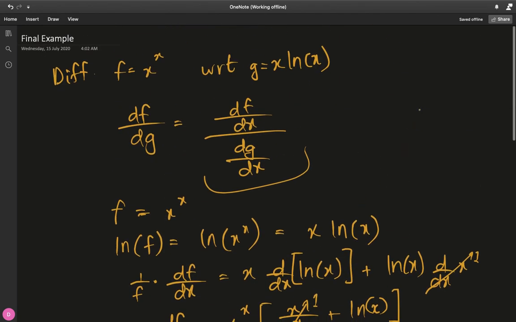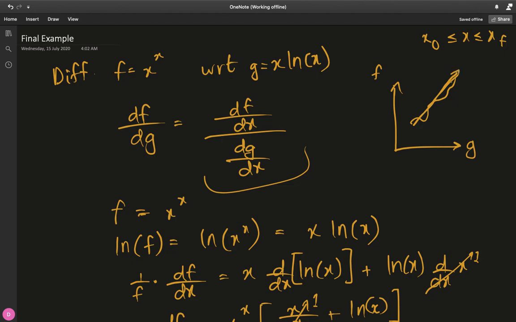So which means if you were to graph f versus g, for example, with x as an independent variable, a parameter ranging from some value to some final value, you would have some curve which would have slope of x to the x, or an exponentially increasing slope at any choice of parameter x because of x to the x.